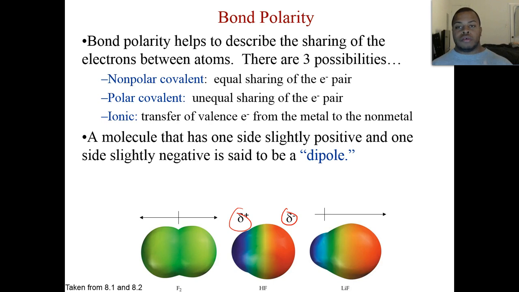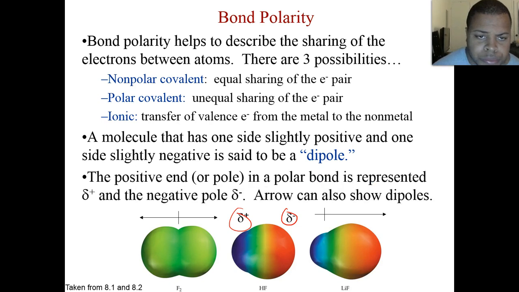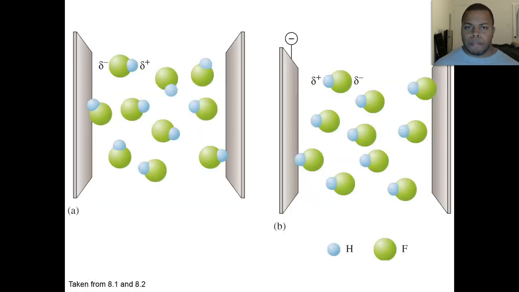Dipole, di meaning two, pole meaning different charges. So we have two sides with different charges. The slightly positive end is going to be represented by lowercase delta with a positive symbol here, and the slightly negative lowercase delta here with a negative symbol. And the arrow can also show this.